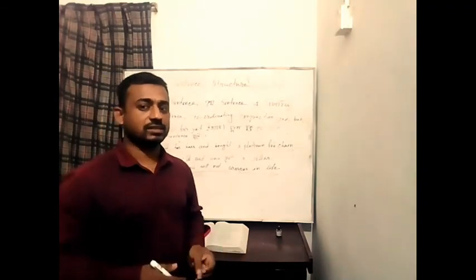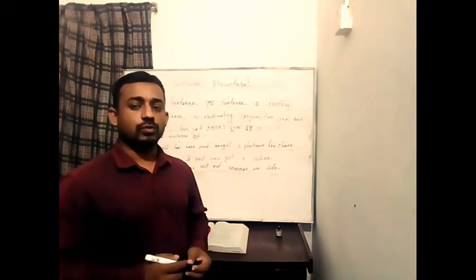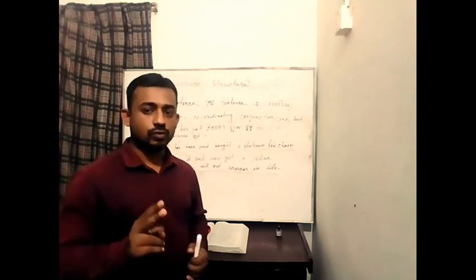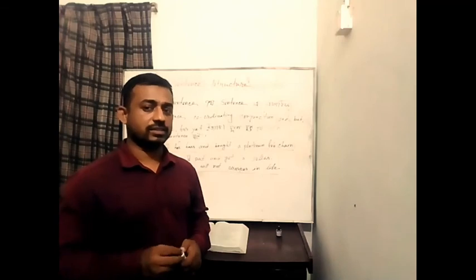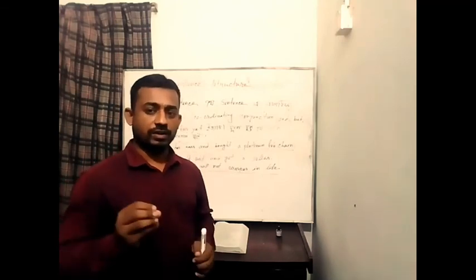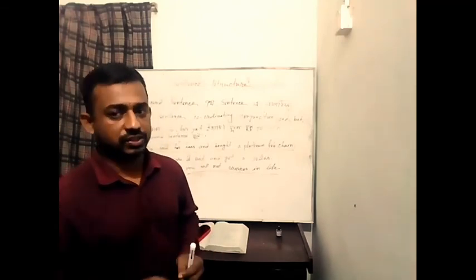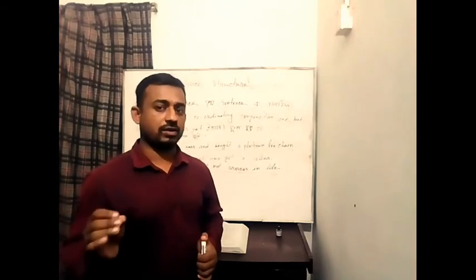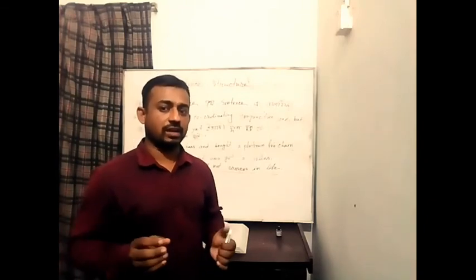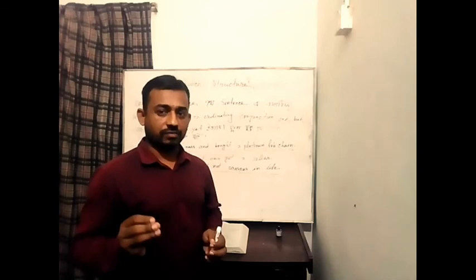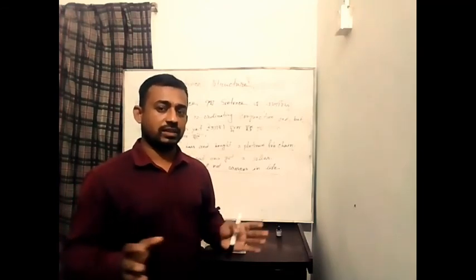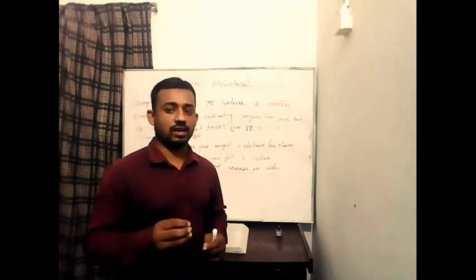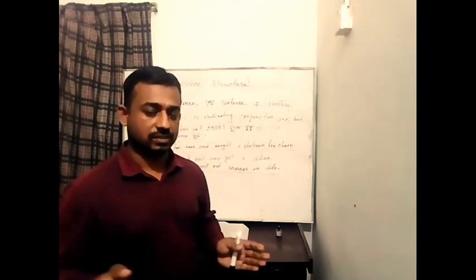Compound sentences are such types of sentences in which two or more simple sentences are joined with coordinators, that is coordinating conjunctions and, but, or, yet, so, nor, etc. These types of words join these simple sentences, and together they are called a compound sentence.